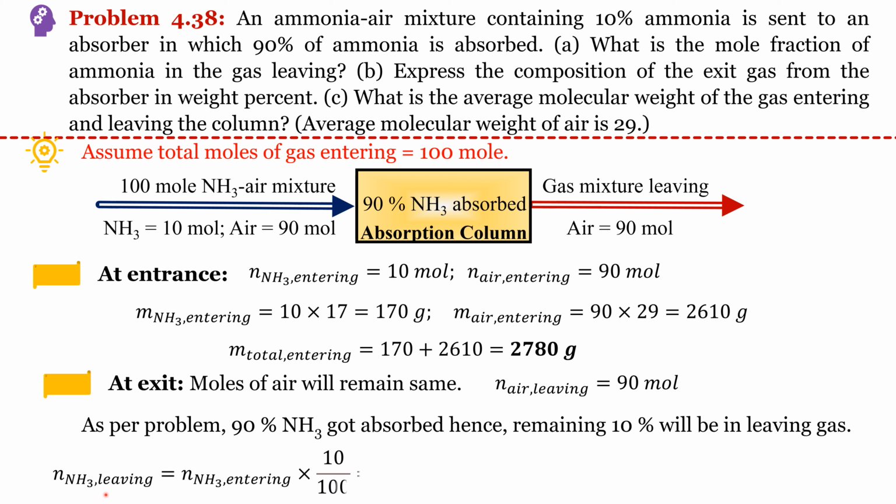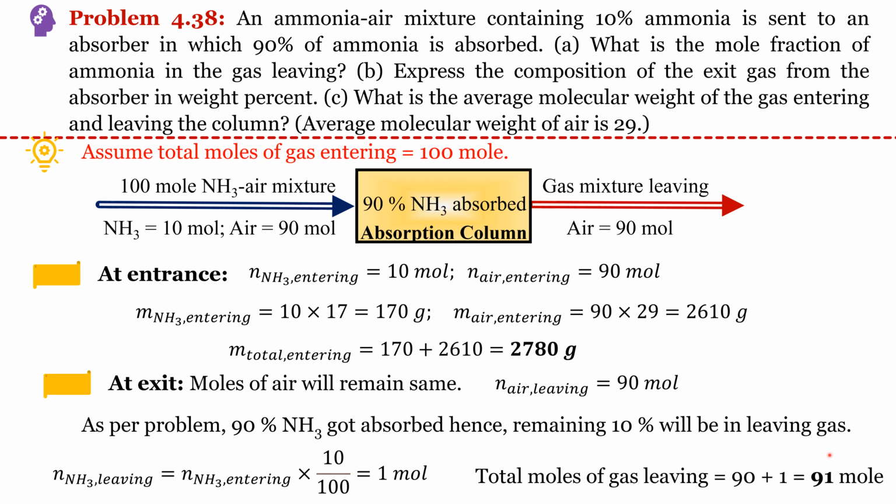So ammonia leaving will be equal to 10% of ammonia entering, and ammonia entering is 10 moles. So 10% of 10 moles will become equal to 1 mole. Now we can write the total moles of gas leaving. So total moles of gas leaving will be equal to moles of air leaving, that is 90 moles, plus moles of NH3 leaving, that is 1 mole. So total moles of gas leaving will be equal to 91 moles.